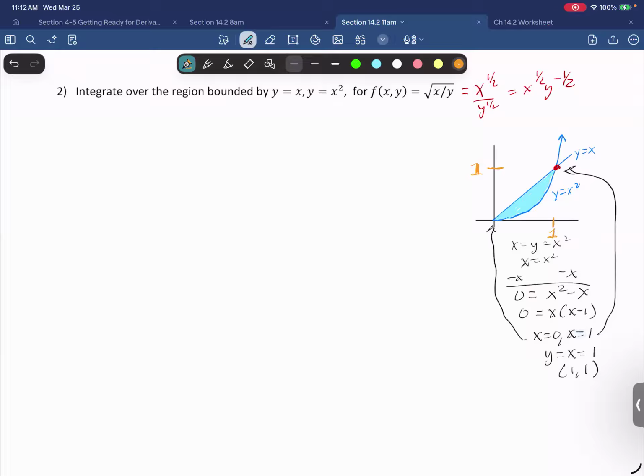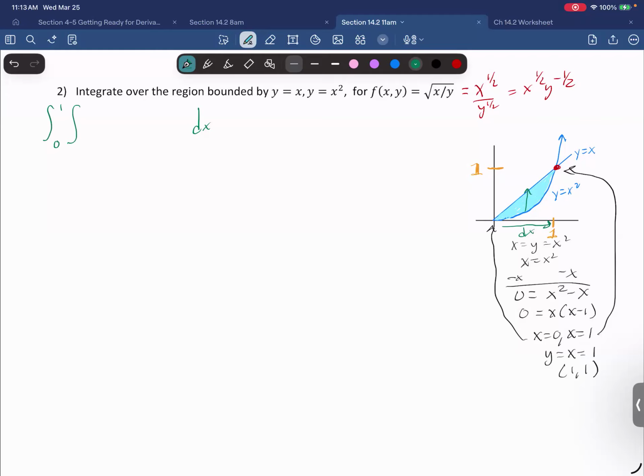Now we can do this two ways. We can do dy or dx as our primary thing, which means integrating like that, where dx is the outer integral. And if we set it up that way, dx being the outer integral would go from 0 to 1. The inner integral, what is y doing?